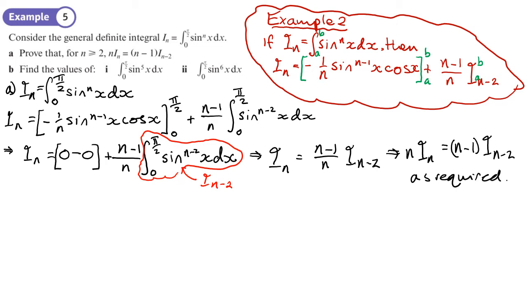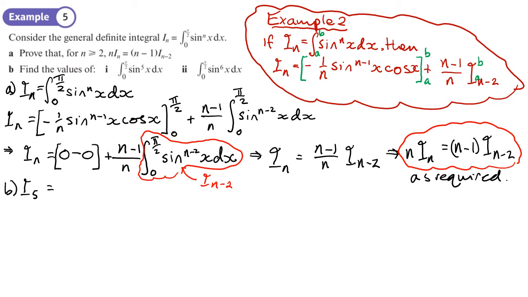So let's move on to part B. In part B, we want to find these values here. One is sine to the power 5, one is sine to the power 6. So we will use this result, which we proved from part A. If it's sine to the power 5, it's I sub 5 we want to find using this.